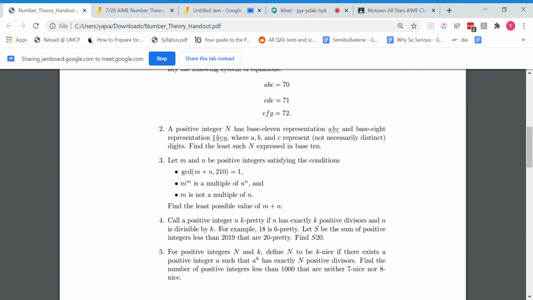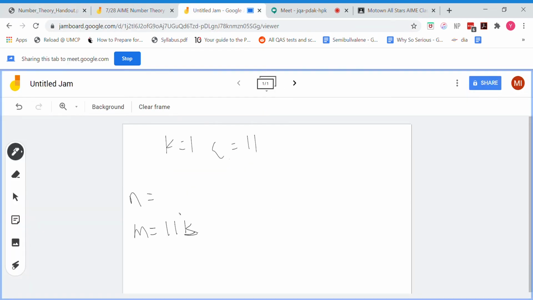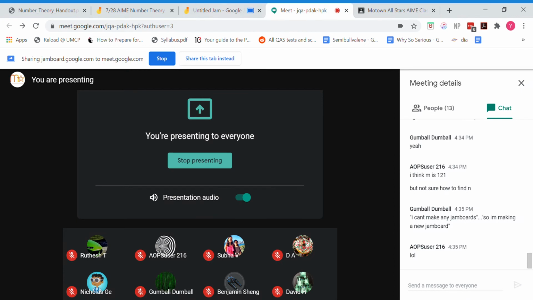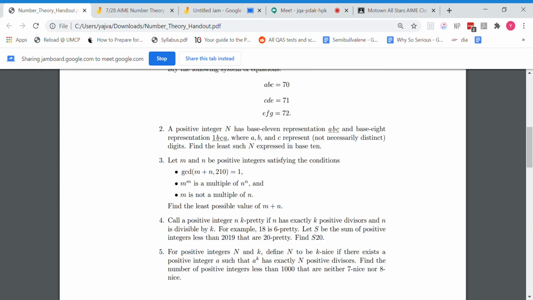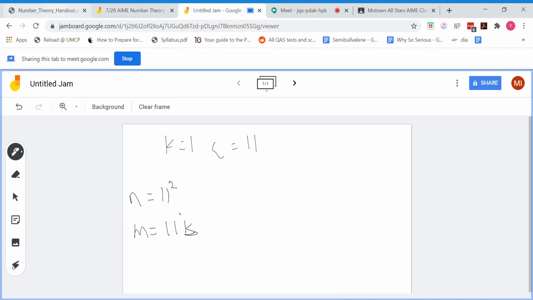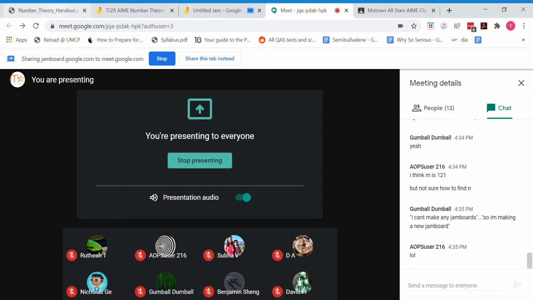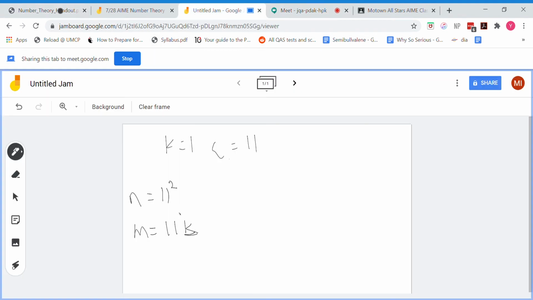Well, n obviously has to be divisible by 11, and it has to be divisible by another prime factor, or it could be 11 squared, right? It could be 11 to the power of 2. Okay, so if we tried this, 121.